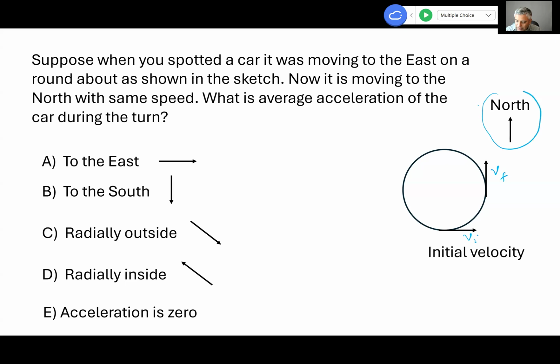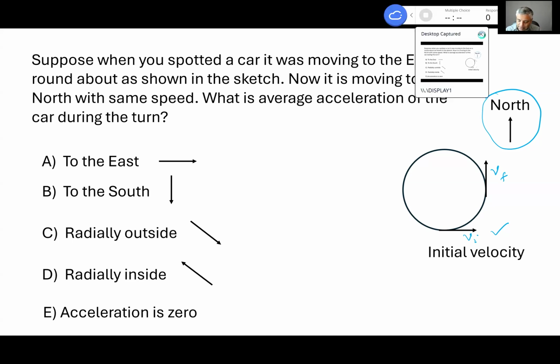It says north, that's a compass, right? So that means this is east. When up is north, right is east. So that's how the compass works, right? So now go ahead, draw VI and VF with tails together and draw a change in velocity vector, okay? So again, you have 2 minutes.